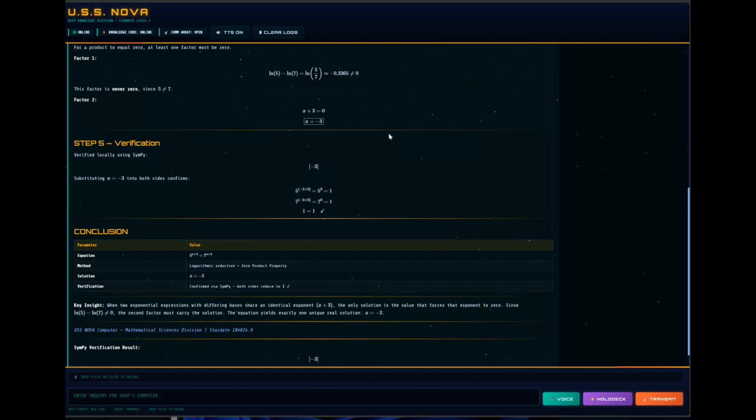We can try something way much harder. So let's do something like integrate. Should we do it with voice? Integrate x cubed divided by sine x numerically. Plot the graphs.